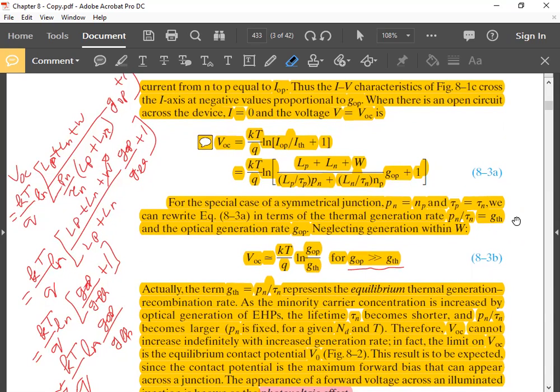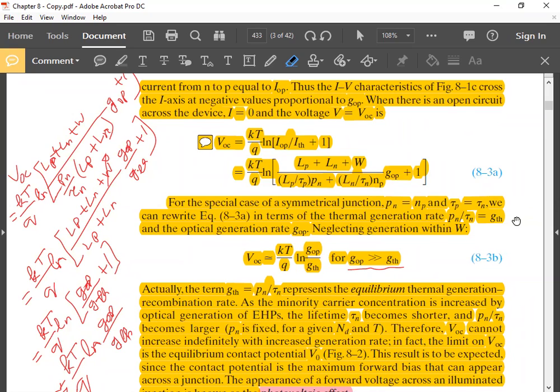So pn by tau n again is the equilibrium generation recombination rate. Minority carrier, of course, recombination, and thermal generation rate? Yeah, definitely. pn is the thermal equilibrium minority carrier concentration, right?